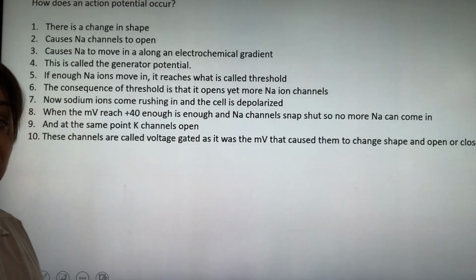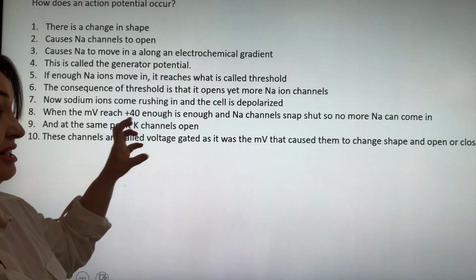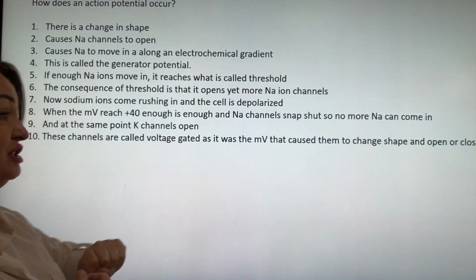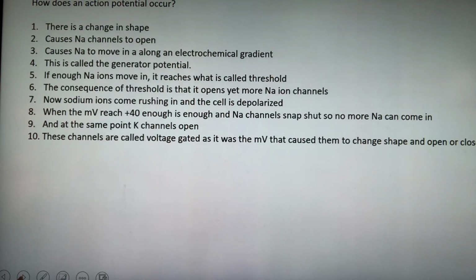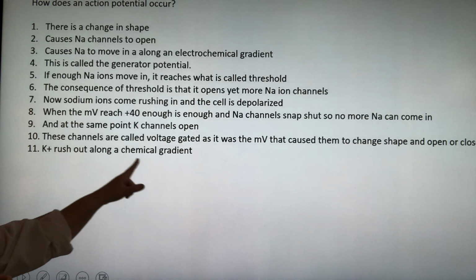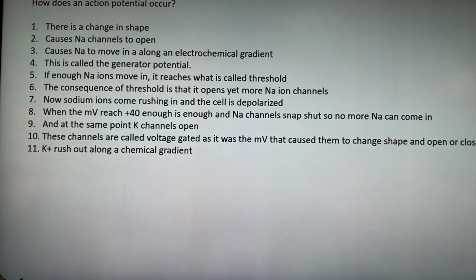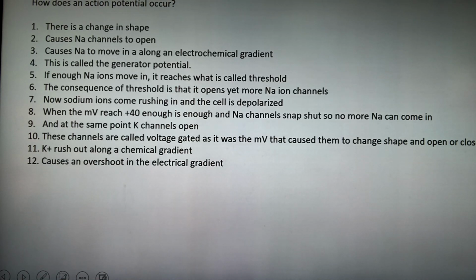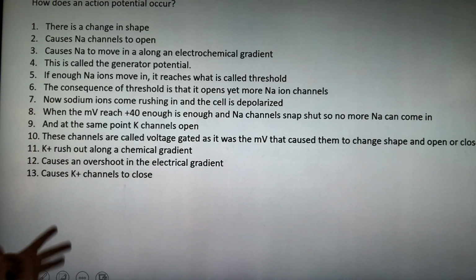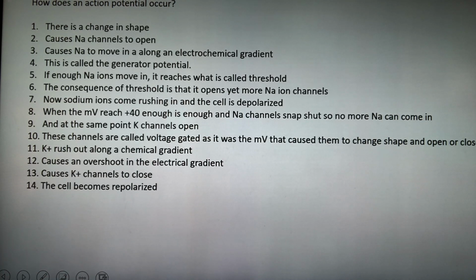These channels are voltage gated, and because it's the millivolts that cause them to change shape, which is what makes them open or close, potassium ions rush out along a chemical gradient, causes an overshoot in the electrical gradient. We saw that with the hyperpolarization, and that's what causes the potassium channels to close. The cell's completely repolarized, and that's the end of the story.